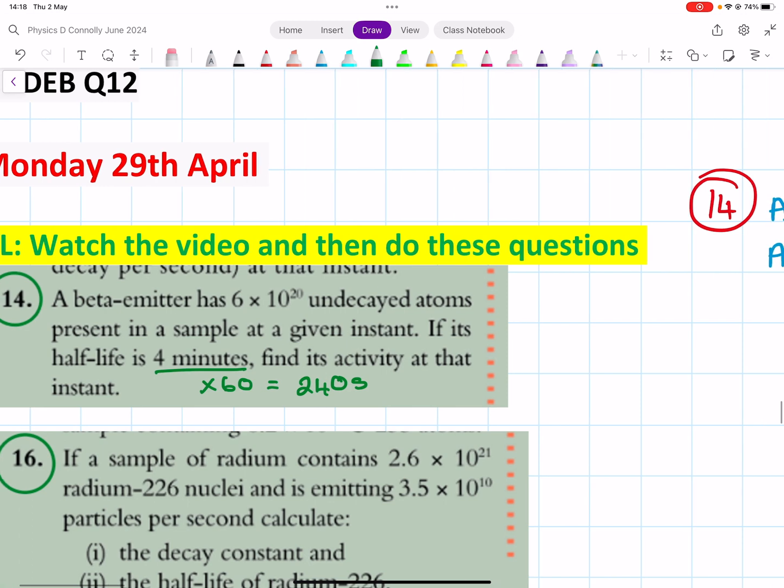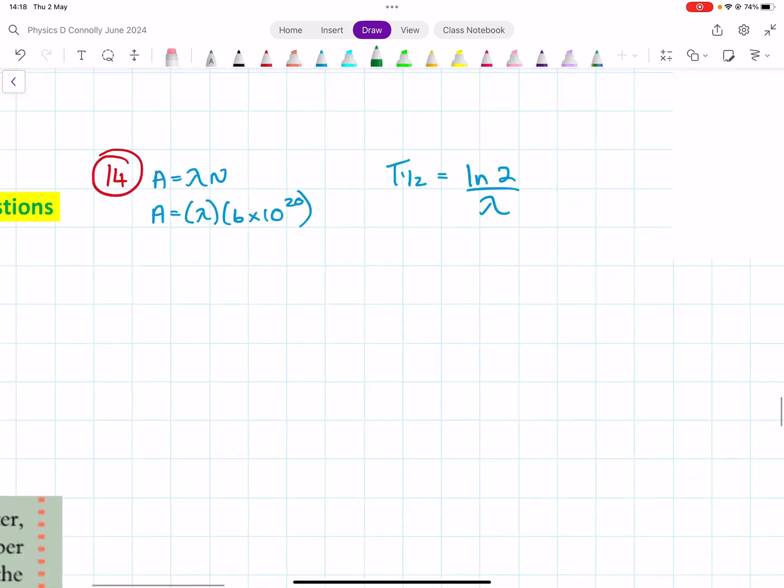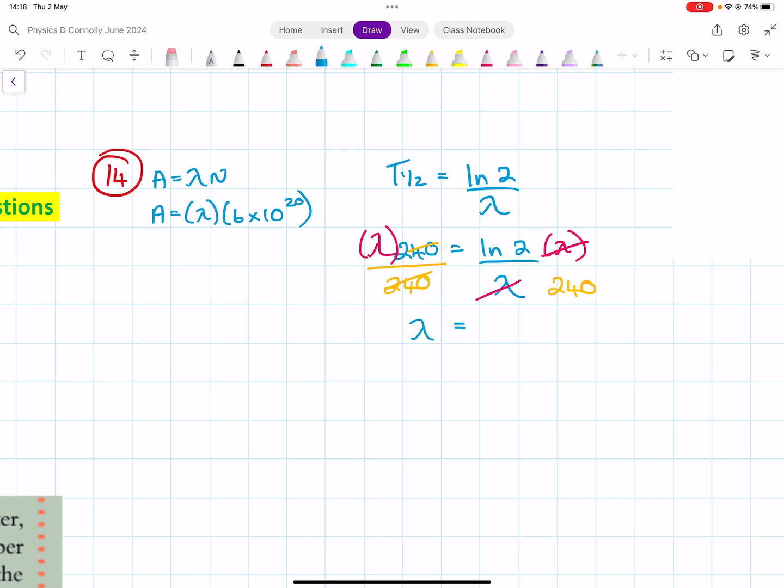So 240 equals ln2 over lambda. If I multiply across by lambda, and then divide across by 240, I get lambda equals ln2 divided by 240.